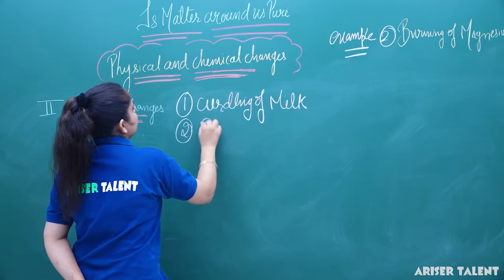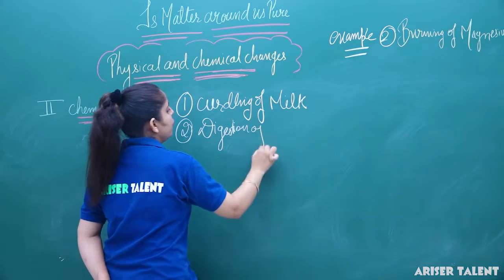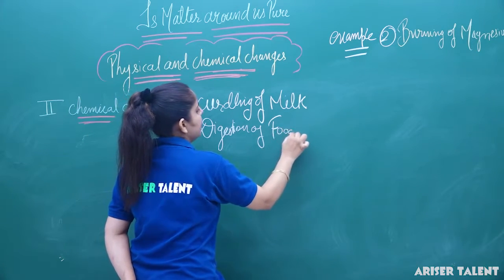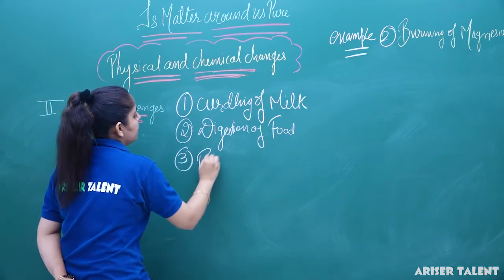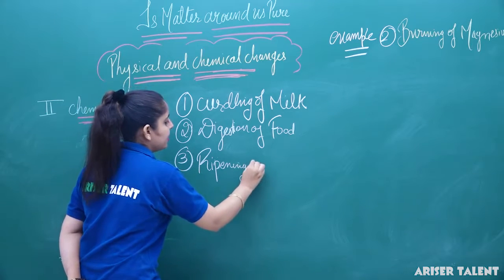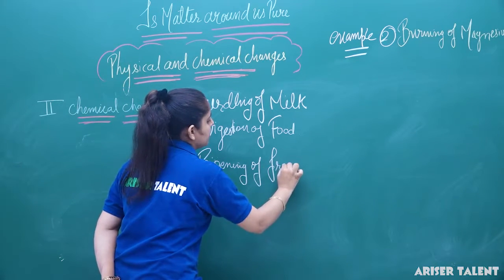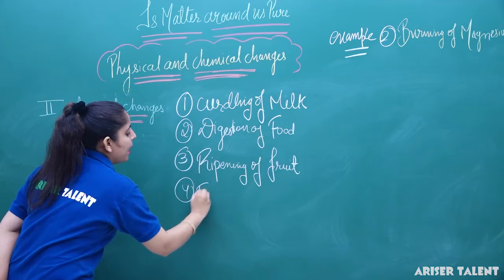Second, digestion of food in our body. Digestion of food is another chemical change. Third one is ripening of fruit. If the fruit is getting ripened, you can see that a chemical change takes place. Formation of water from hydrogen and oxygen.